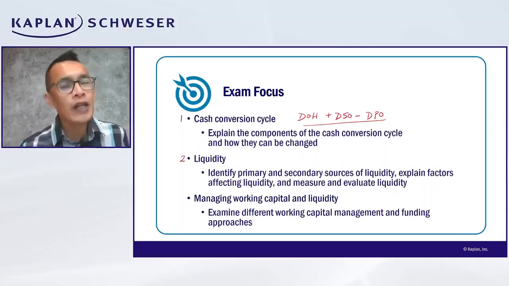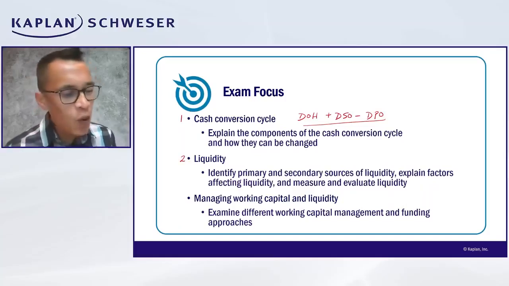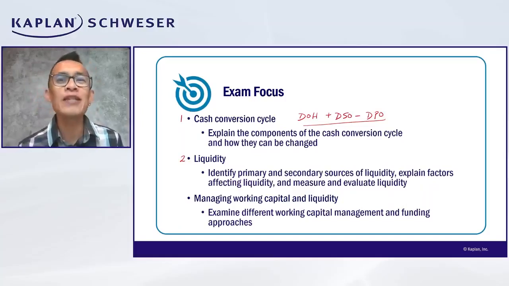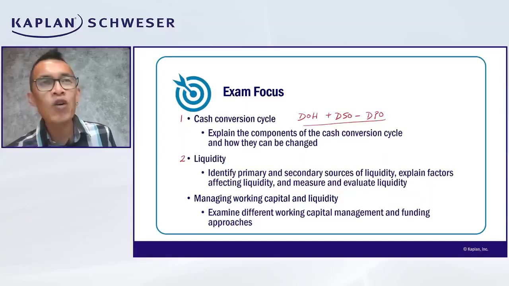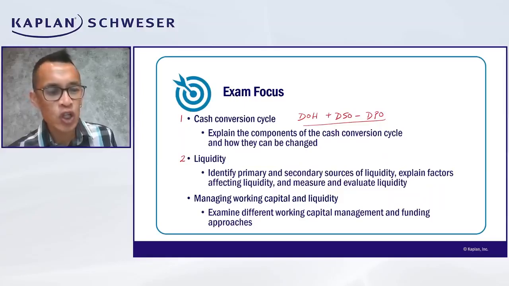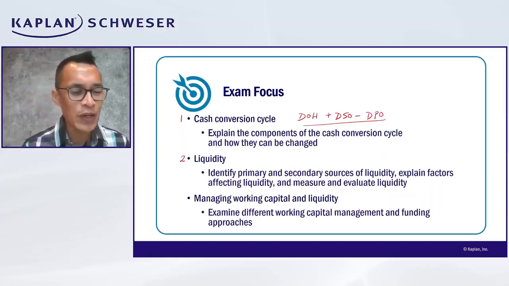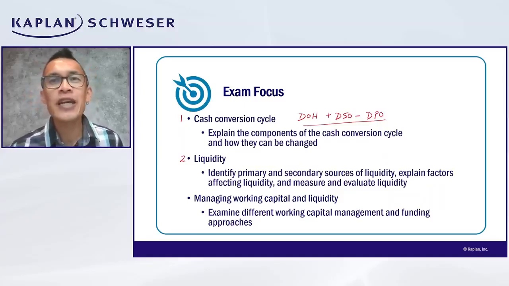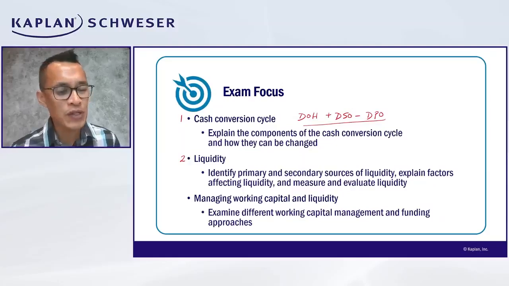Number two gets us into liquidity. Liquidity is mainly determined by the relative amounts and liquidity of its short-term assets and liabilities, which are dictated by the company's business model.